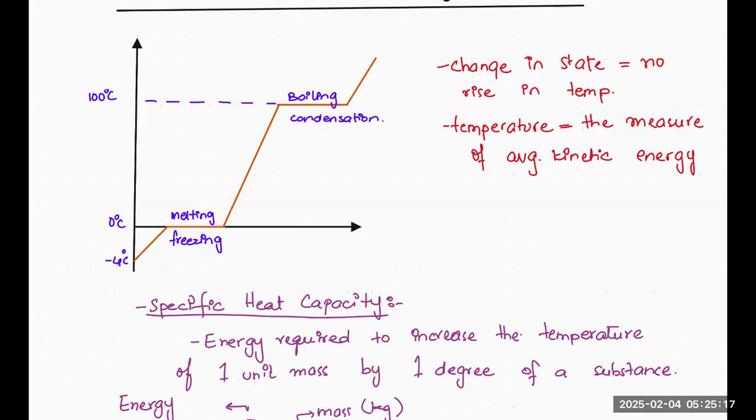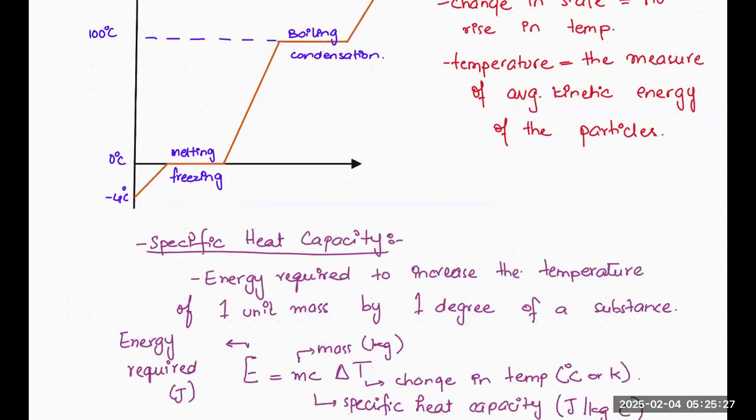So how does, for example, a thermometer work? The way a thermometer works is like this: if I have a glass of water, inside the glass of water, I have my thermometer. Now, inside this glass of water, I will have water molecules.